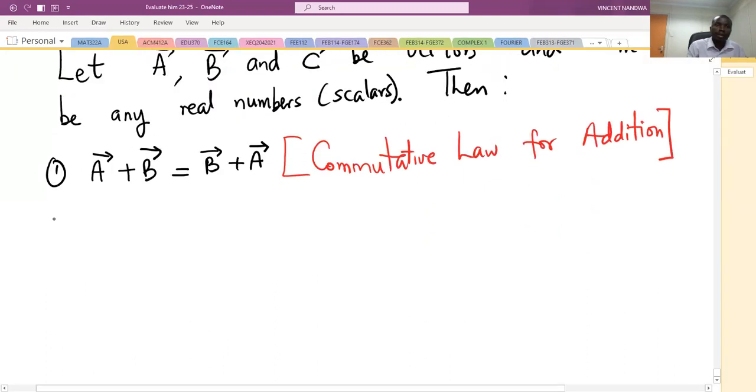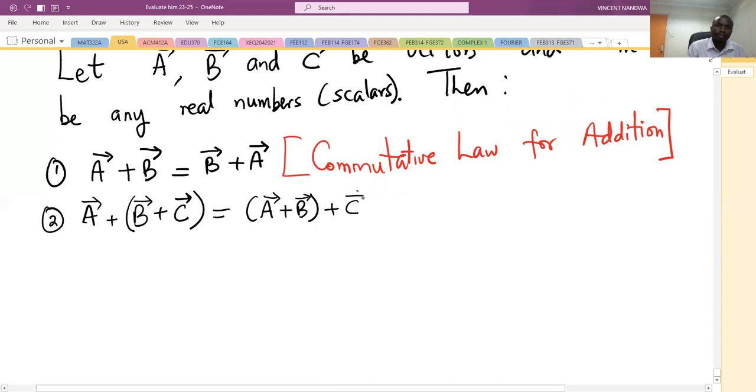Then number 2, if I have A plus B, plus C, that is the same as A plus B plus C with the grouping changed. This is what we call the associative property or associative law for addition.